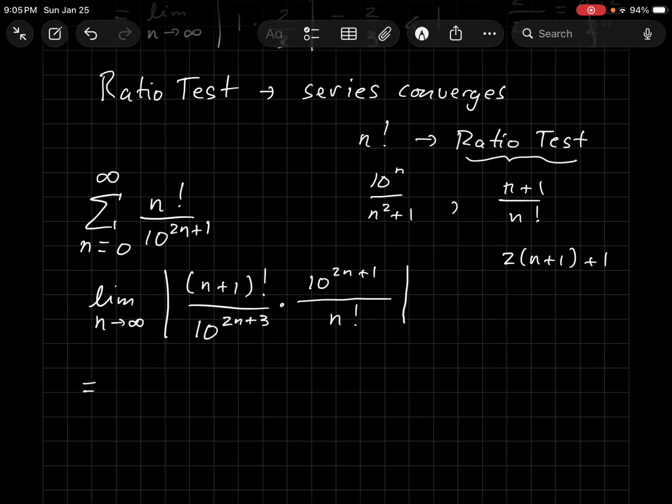We can now simplify like terms. So if I put the 10 to the 2n plus 1 over 10 to the 2n plus 3, I get 1 over 100.